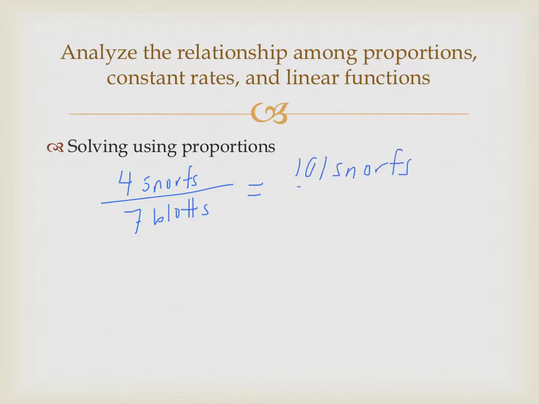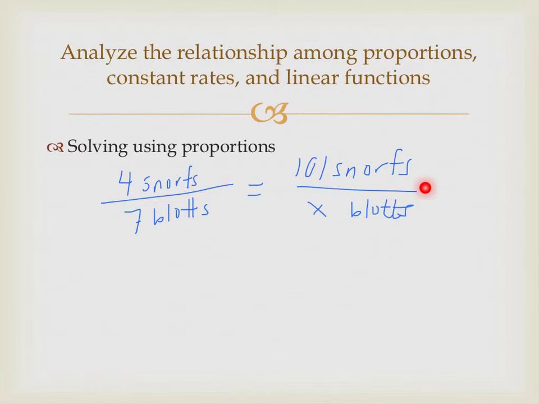So again, we want to find how many blots. So I'll put my x down here. So notice this proportion. This proportion here, I have a ratio, an equal sign, and another ratio. Ratio just meaning fraction. When I set these two ratios equal, I have a proportion.